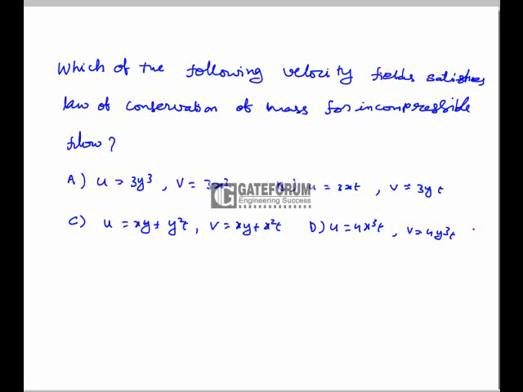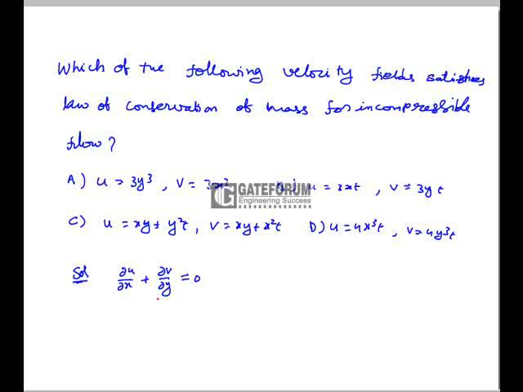Which of the following velocity fields satisfy the law of conservation of mass for incompressible flow. Here the options are given. To satisfy the law of conservation of mass, it should satisfy the continuity equation, that is dou u by dou x plus dou v by dou y is equal to 0.